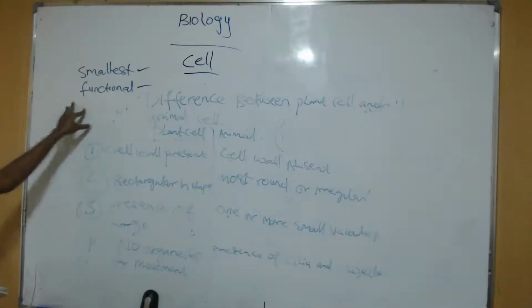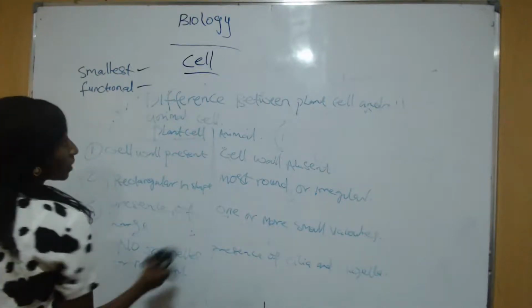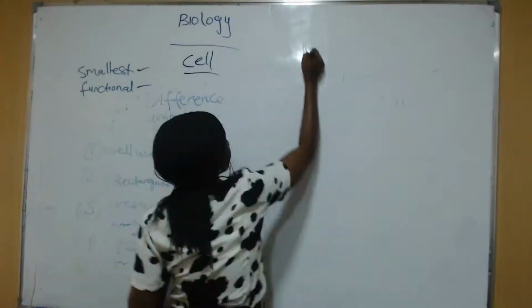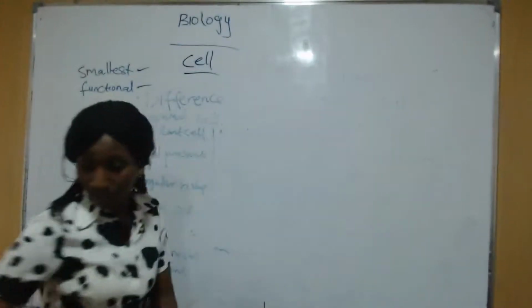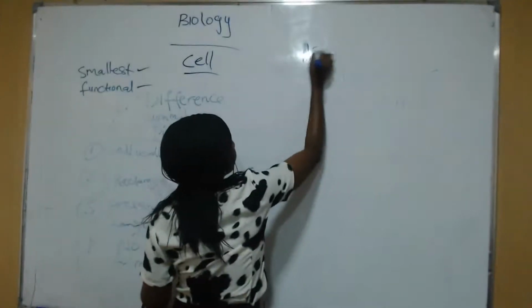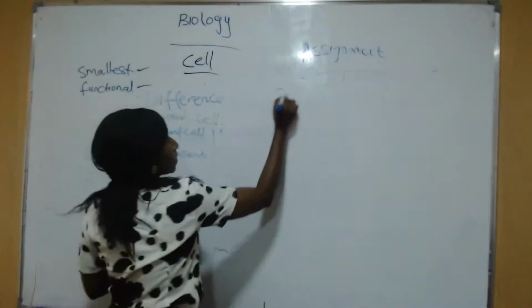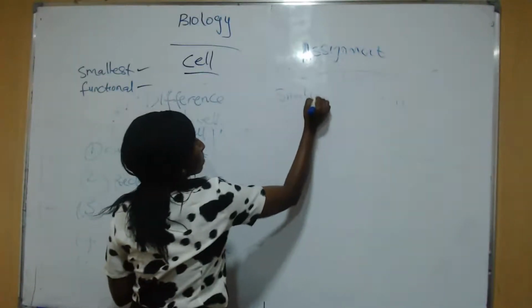We need to know about the plant cell. Basically, all we need to know about the plant cell. Now, the similarities between animal cells and plant cells.